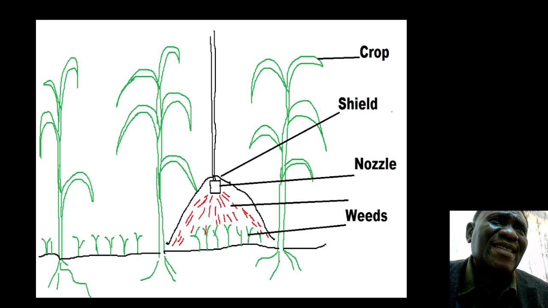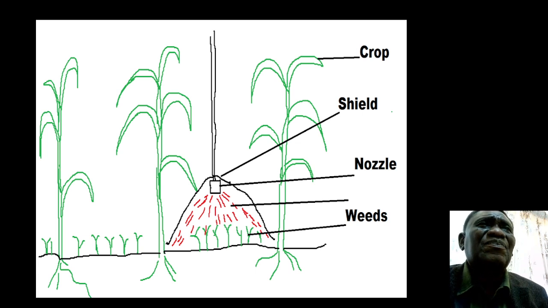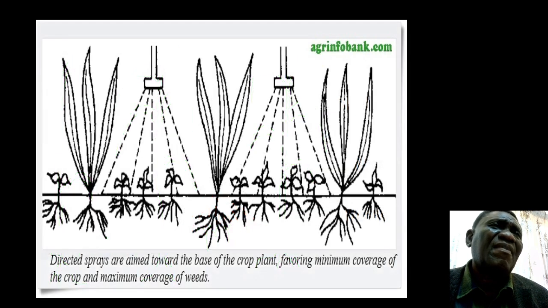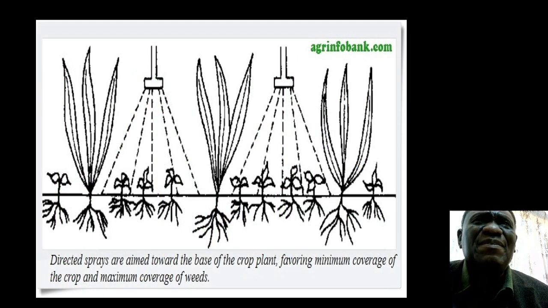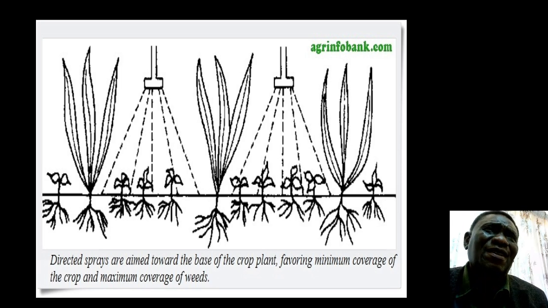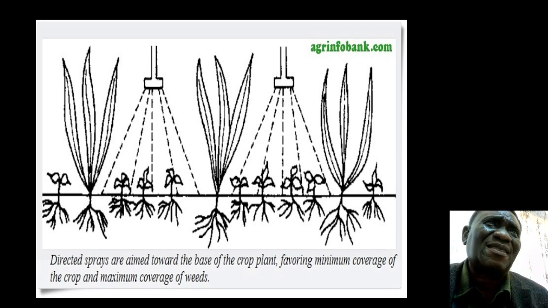Now, if you use that shield, the crop is not going to be harmed. Sometimes you can get away without the shield using special nozzles for directing the spray, targeting the weeds, but this could be risky. We need shields to achieve selectivity.